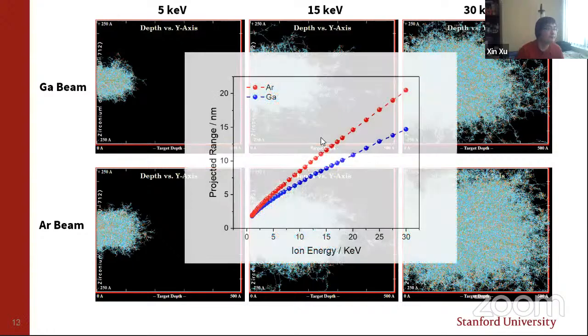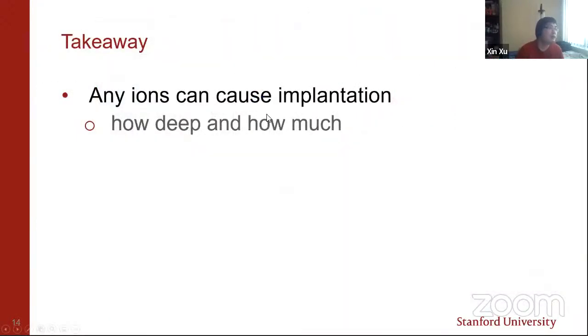Okay, and move on. So there are some takeaways about this section on the etching process. We can say that almost any ions can cause implantation. It just depends on how deep and how much in your target sample surface.